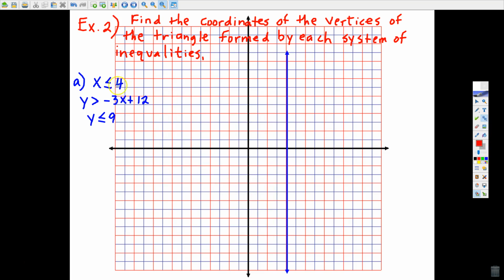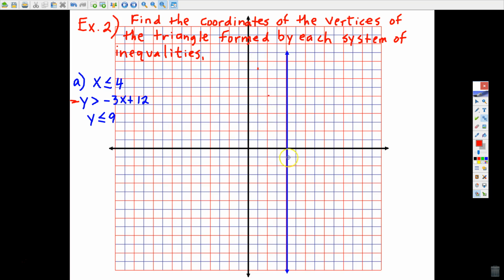Okay, we'll just do this one in red, so we can color code just a little bit. This has a y-intercept of, of course, 12, 2, 4, 6, 8, 10, 12, and a slope of -3, down 3, right 1. And this is going to be a dotted boundary.